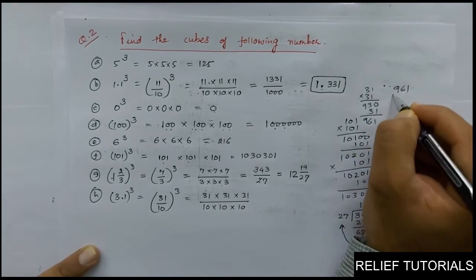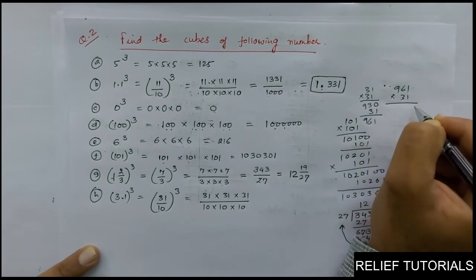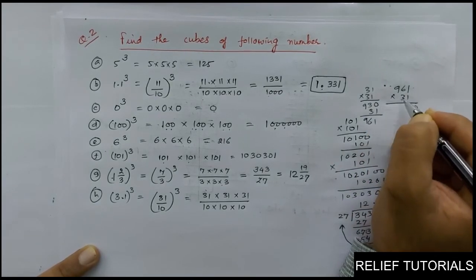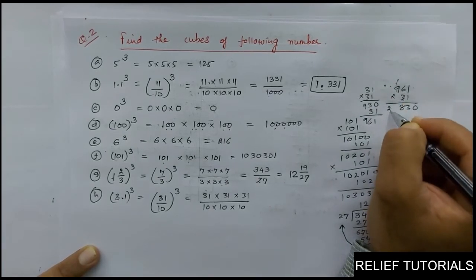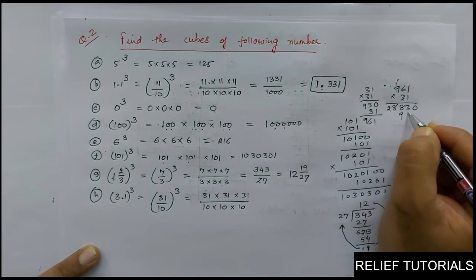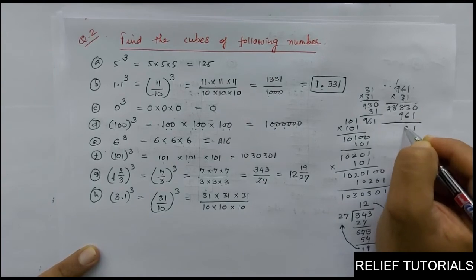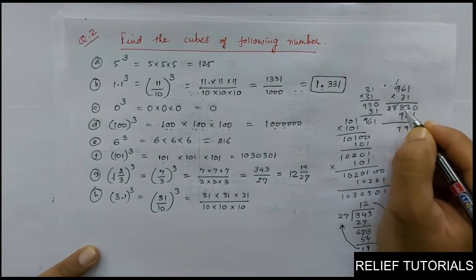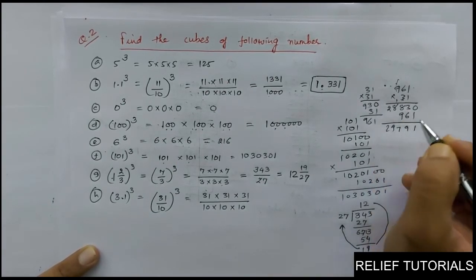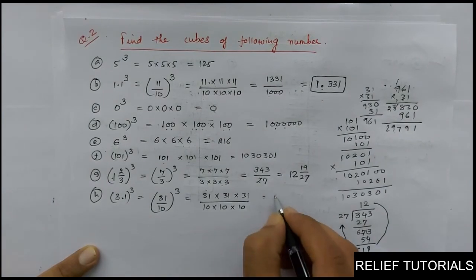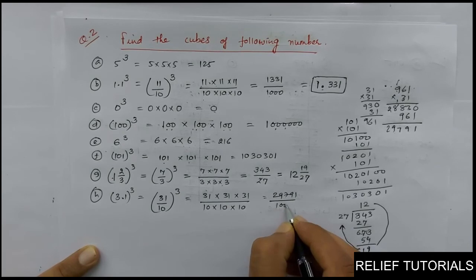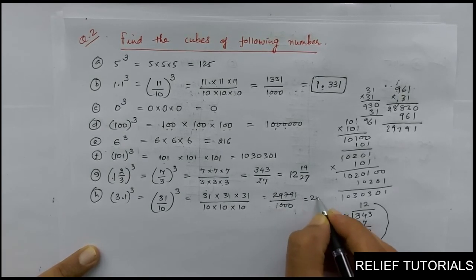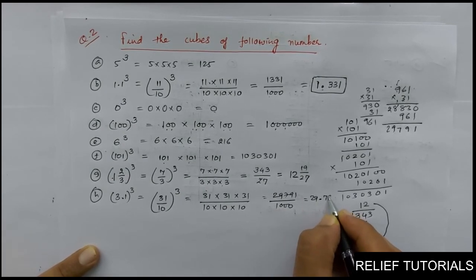Now 961 multiplied by 31. 3 ones are 3, 3 6s are 18, 9 3s are 27 and 1 is 28. So it is 29791. 29791 divided by 1000, so 3 places to be cut, 29.791.